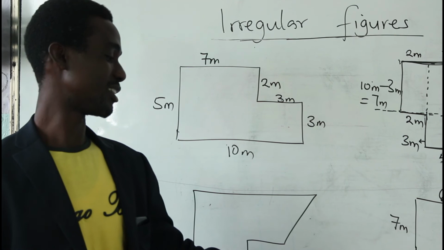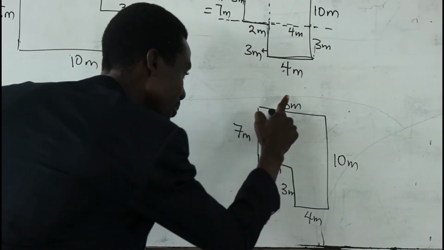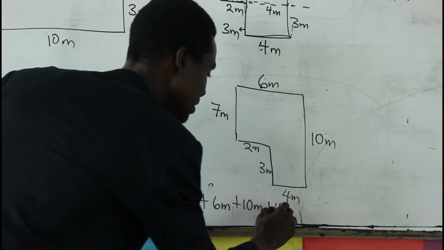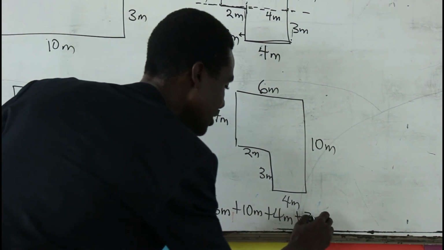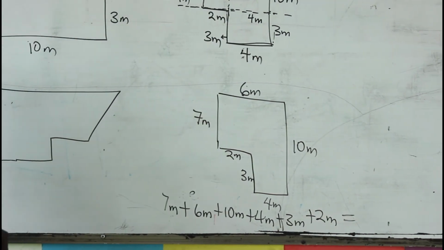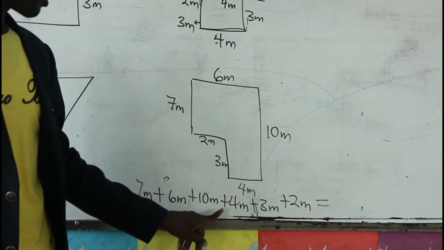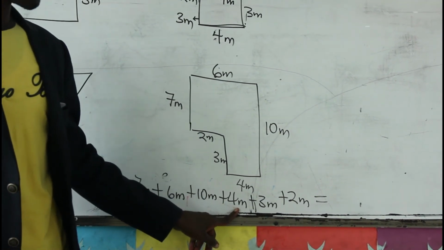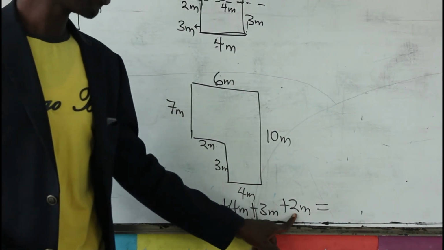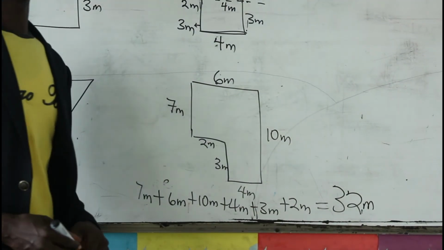So we have 7 plus 6 up here, then plus our 10 meters, plus 4 meters, plus 3 meters, plus our last 2 meters. 7 plus 6 is 13, plus 10, 23, plus 4, that gives us 27, then plus 3, that gives us 30 meters, and then plus 2, 32 meters for our perimeter.